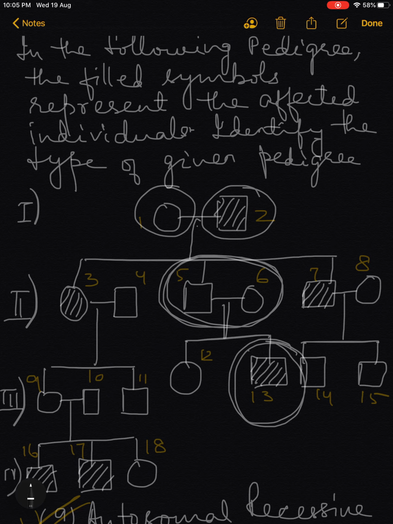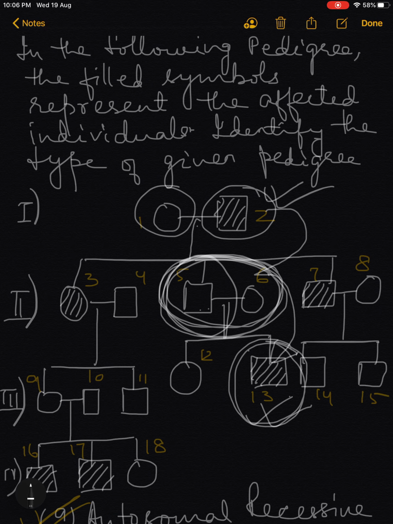That means the defect has been carried forward, and here it has skipped the generation. The defect was present in the parents, and then that defect did not come in the offspring, but it came in the third generation. That means it has skipped here, so it is recessive.